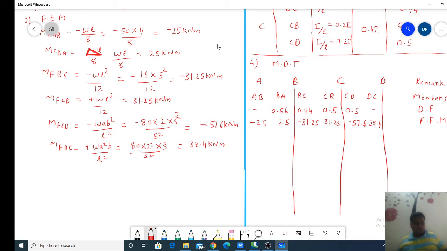Now after writing the fixed end moments, the next step is your balance. For balance, I need to take the algebraic sum of this. So the algebraic sum is 25 minus 31.25, which comes out to be minus 6.25.